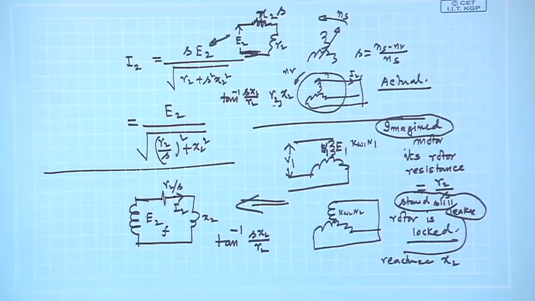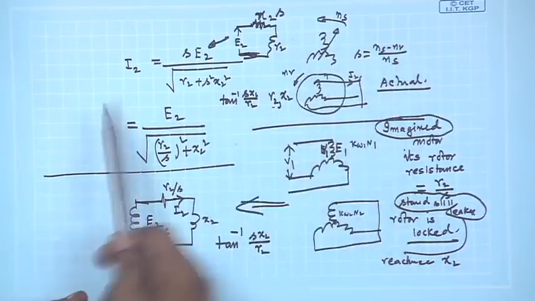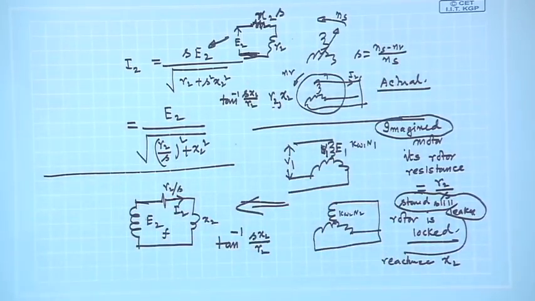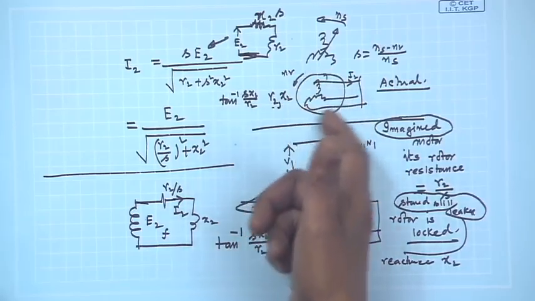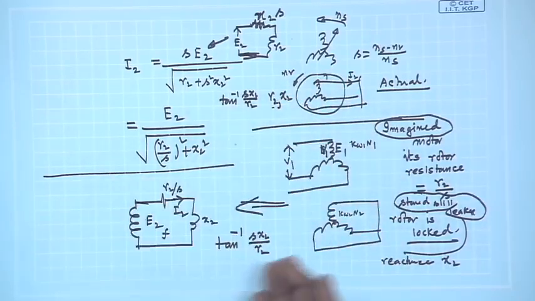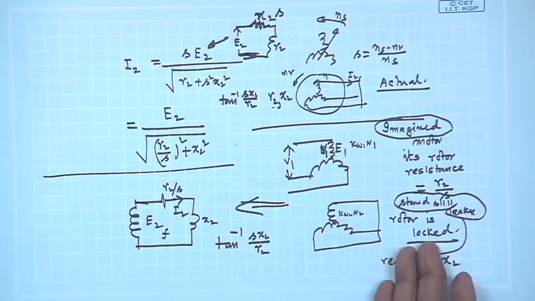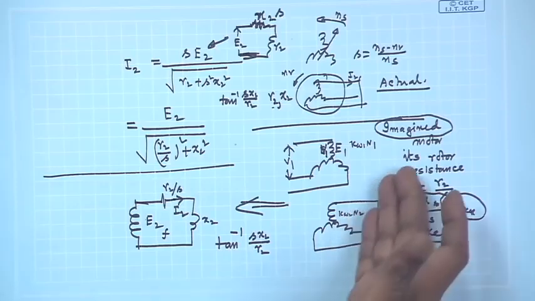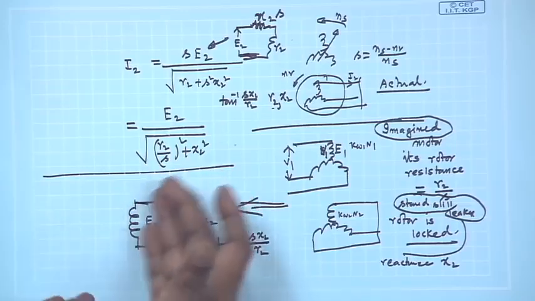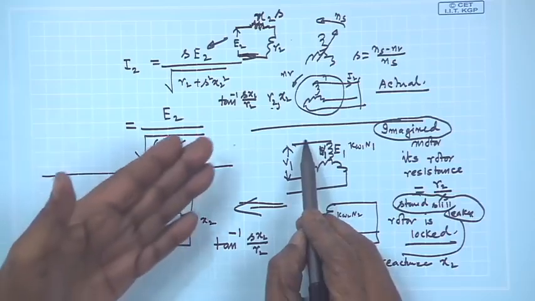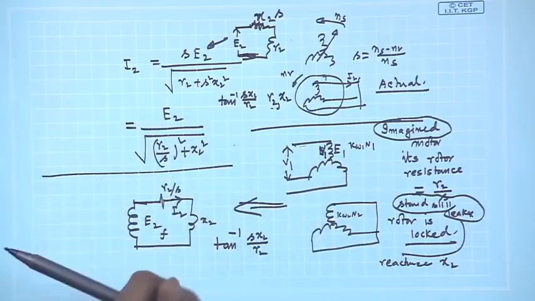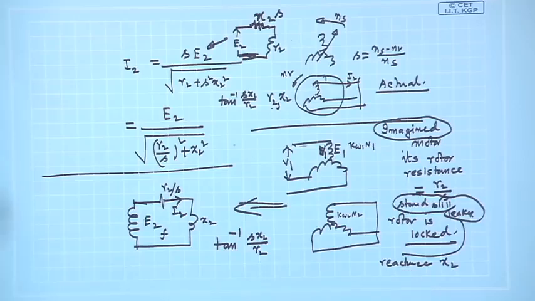That is why I am telling you the stator will fail to recognize whether you have a rotor R2, X2 rotating with a speed Nr, or this rotor is stationary now with changed parameter values, winding resistance changed to R2 by S, and it is stationary. The reflected current it will try to draw, because it has to react based on the rotor current, how much current it has to draw from the supply.